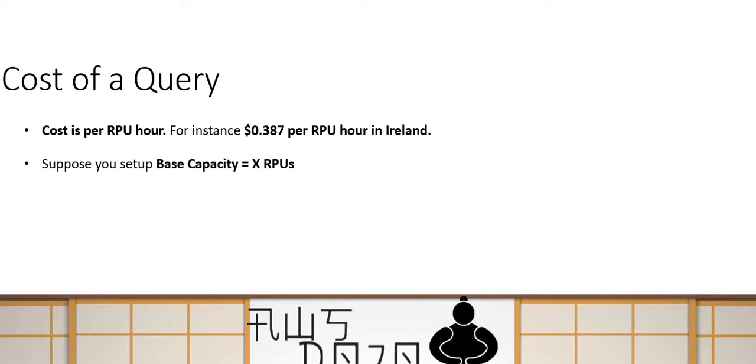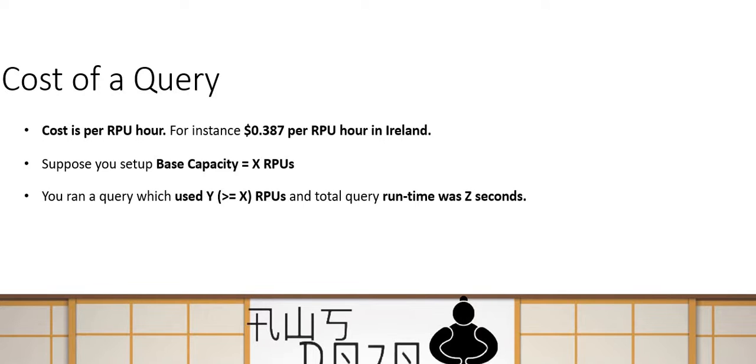Suppose that you configured a data warehouse with Redshift Serverless, and you decided that your base capacity is going to be X RPUs only. X could be anything: 32, 56, 512, anything. Now you run a query which used Y RPUs, and it ran for a total of Z seconds. This Y RPU will be either equal to X or more than X. Since you have selected X as your base RPU, your query is going to use minimum X RPUs.